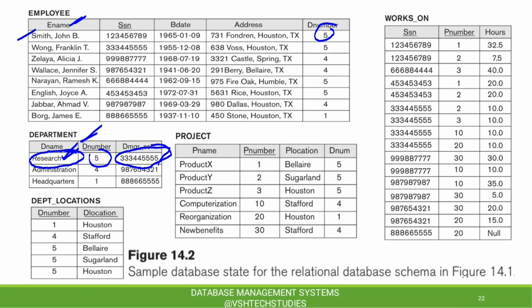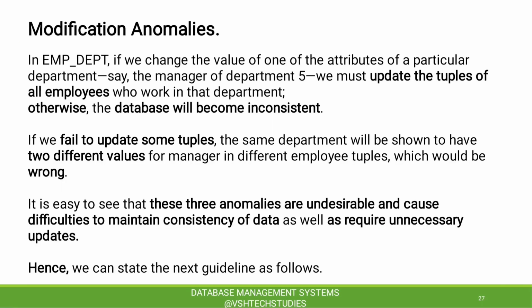Whatever anomalies-related discussion we have done follows for the employee, project and works_on relations also, and for all the relations which are not violating guideline 1. Okay. And that completes the discussion on update anomalies: first insertion anomalies, second deletion anomalies, and third modification anomalies.